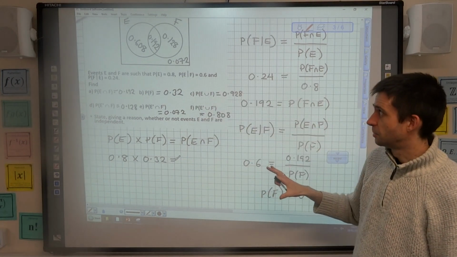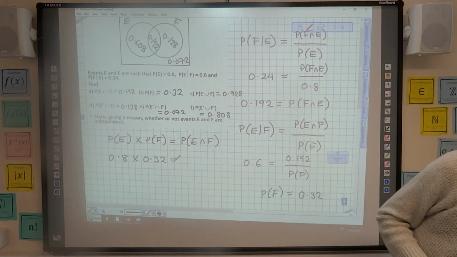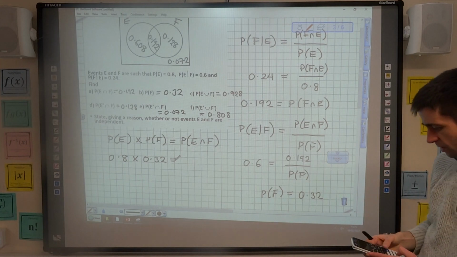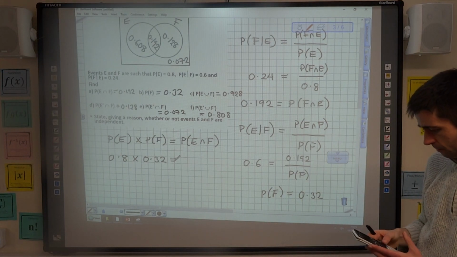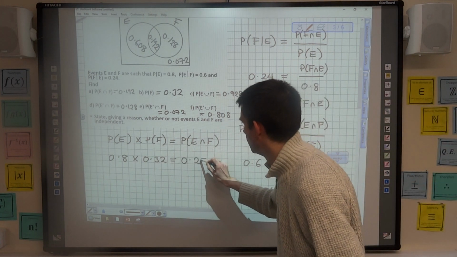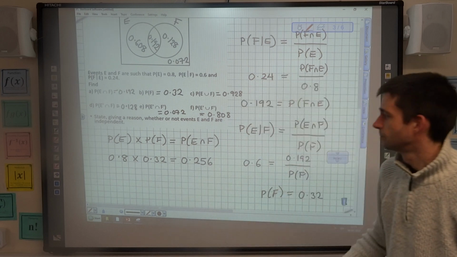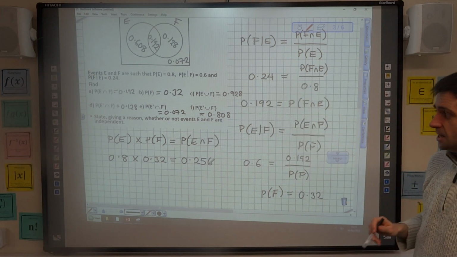And if I multiply those two things together, 0.8 times 0.32, I get 0.256, which suggests that they are not independent.